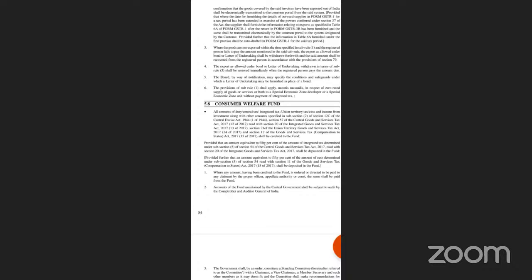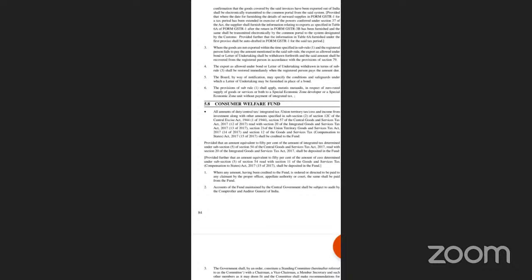Then only can that refund be given to that supplier. Whereas if there is a doubt that this benefit will not pass on to the customer from whom it was collected, in such cases that excess amount or refund amount will be transferred to a fund called the Consumer Welfare Fund. We know very well that the dealer or the supplier may be receiving this refund.